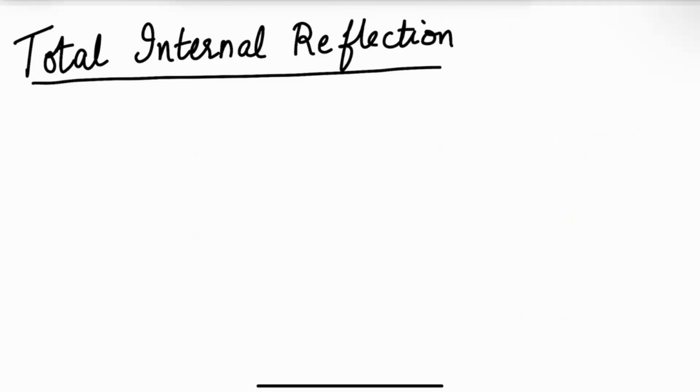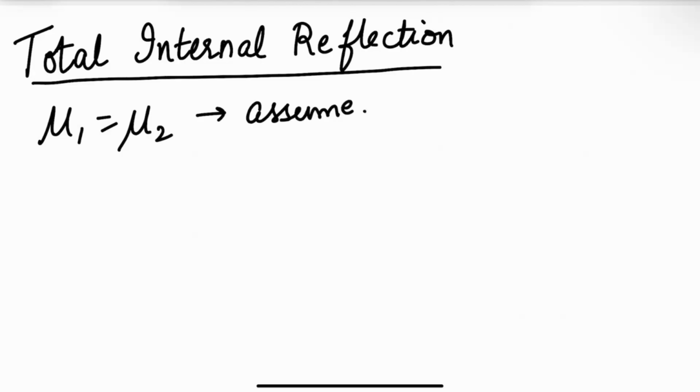Okay, so for simplicity, we'll assume mu1 equal to mu2. Assume this. And we also assume n1, the refractive index of medium 1, is greater than medium 2. So of course, this is without loss of generality.